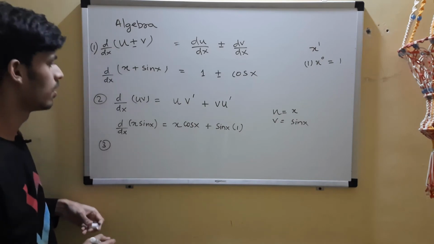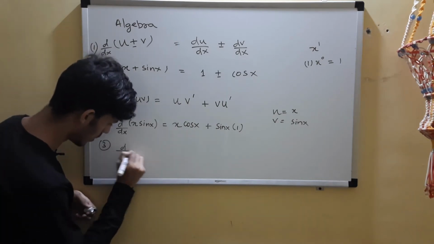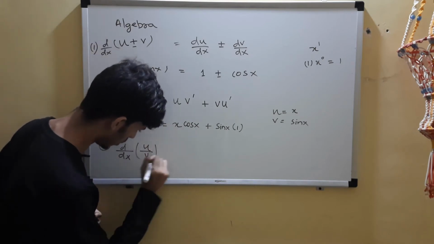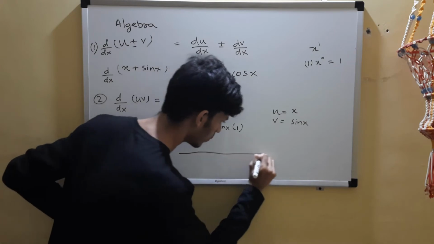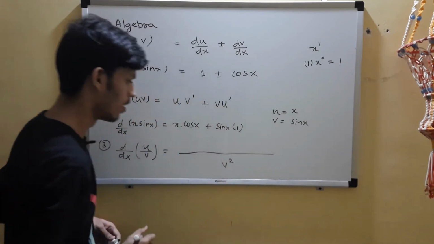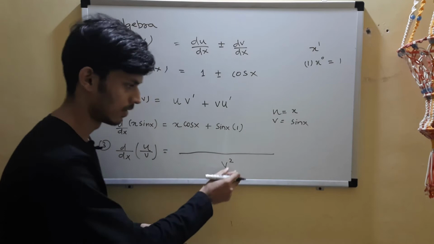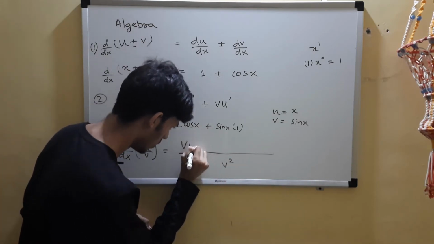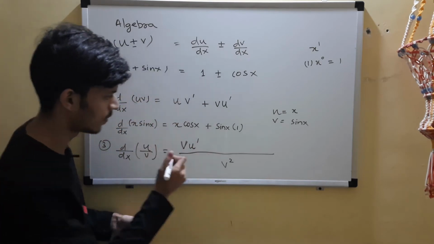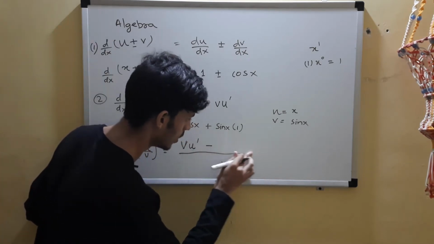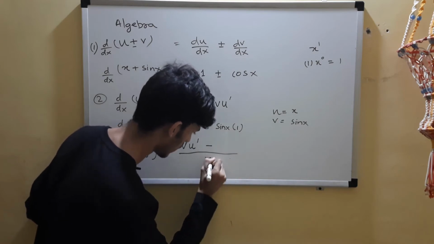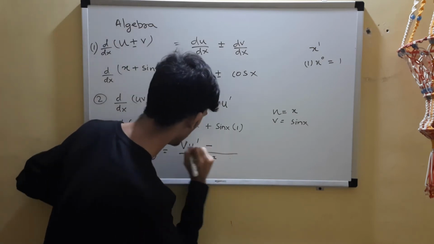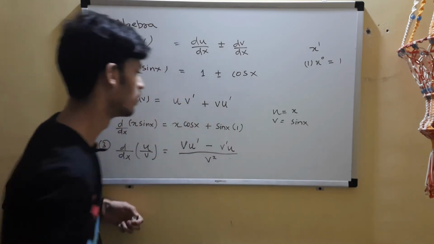Okay, third one, what if they are divided? Now this is a bit trickier one, so focus. Whatever is below, you square it, then the root of this you write over here, derivative of u, the first function, minus, not this big, don't worry, minus this, so v dash into u.